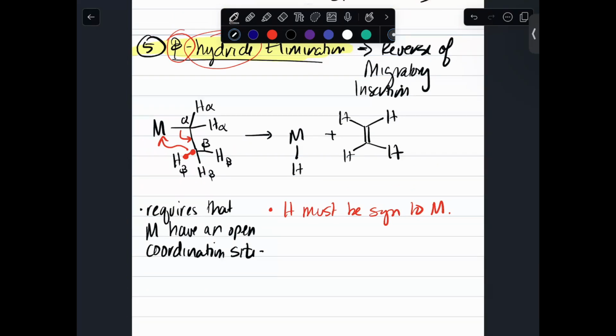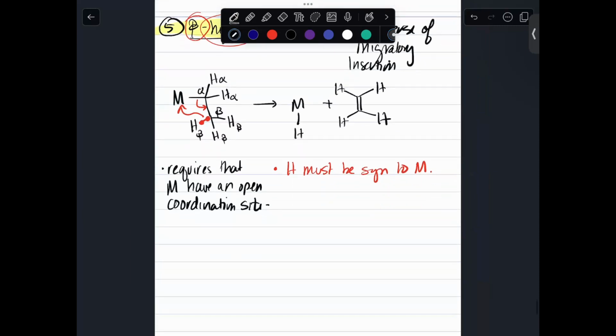Please remember that migratory insertion was the complete opposite, right? Notice how the arrows are completely opposite. In migratory insertion, the arrows were going counterclockwise.